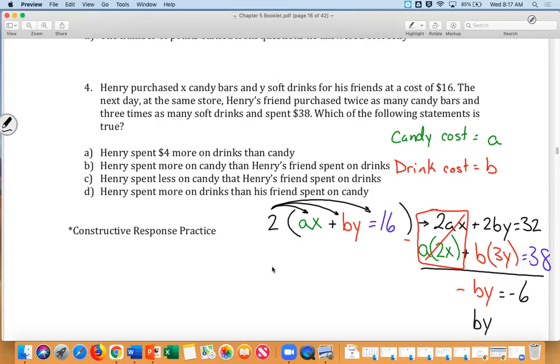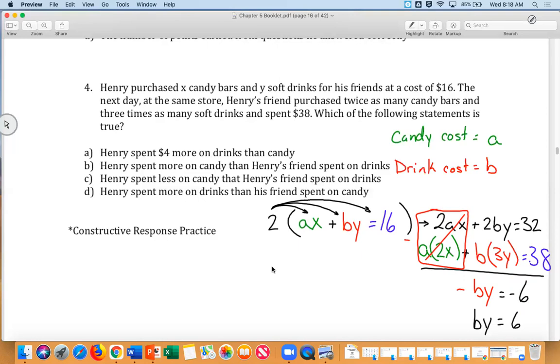So by equals 6. Okay? Meaning my number of drinks times my soft drink cost equals $6.